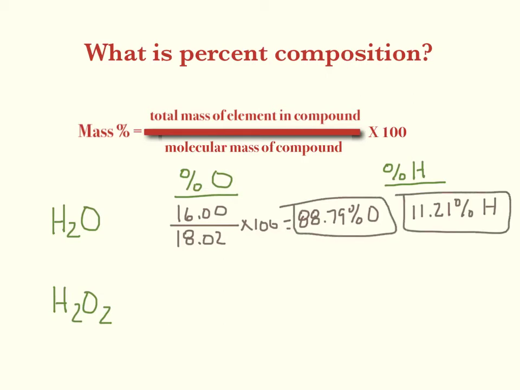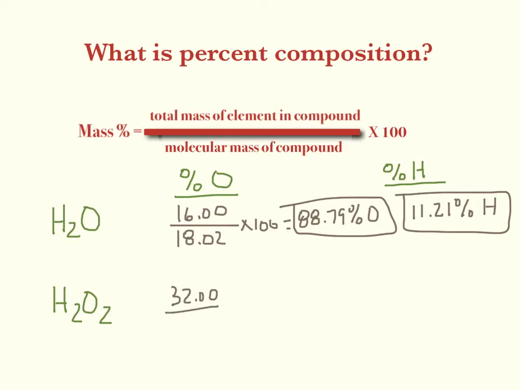For this next one down here, hydrogen peroxide, the percent oxygen, in this one now, we have 2 oxygens. And so the total mass of the oxygen in the compound is not 16.00. The total mass is 16.00 times 2, which would give us 32.00 over.